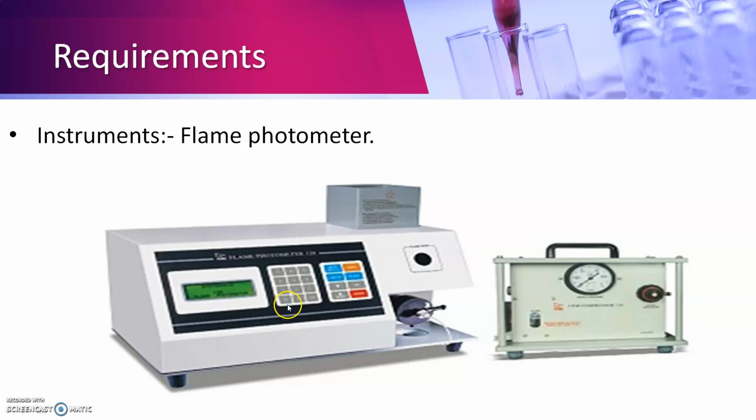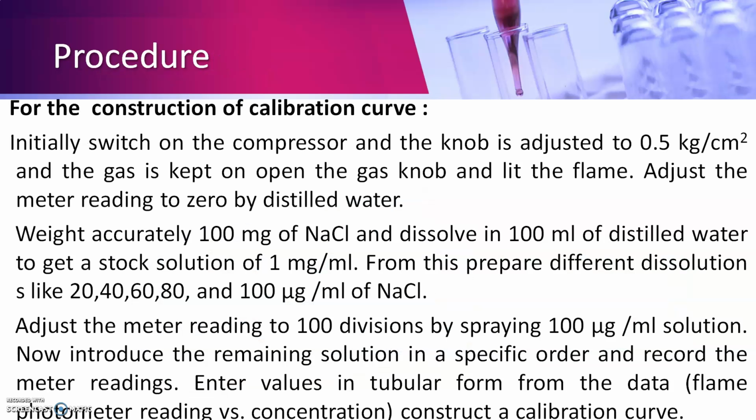Here are the keys to set the sample and different dilutions, and the screen displays the observation. This is a pumping system, where we use a proper flow of pumping to get proper flame photometric instrumentation. Then the next is the procedure.